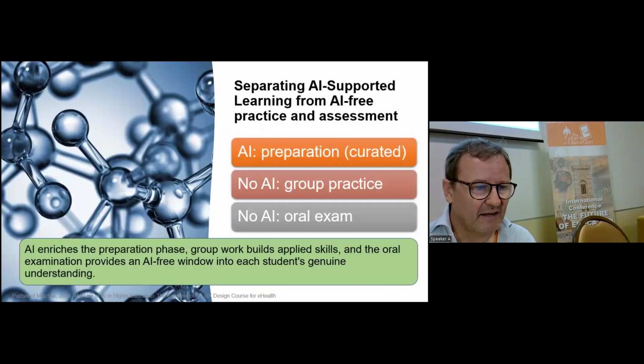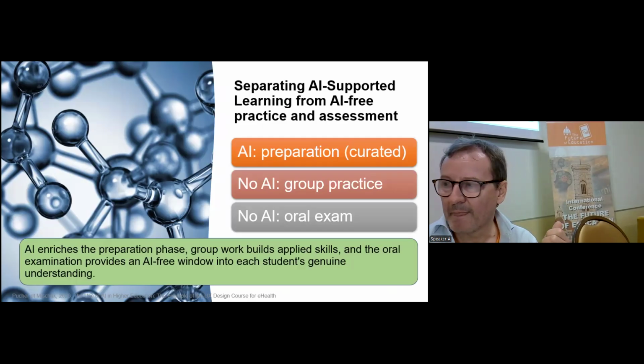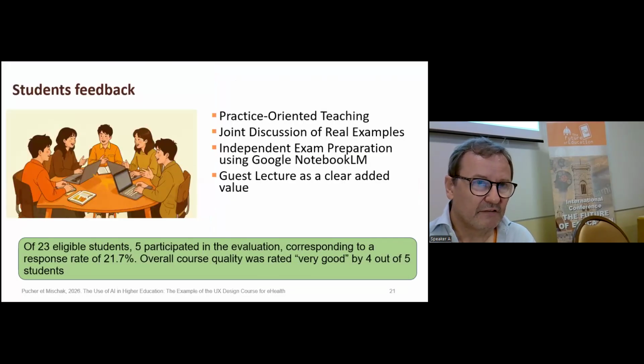So, after all, what we did was we separated AI-supported learning from AI-free practice in the sense. I think that's the major point here. You see AI preparation curated, everyone for his own, but group practice and oral examination, no AI. The feedback of the students, I think, was quite nice. We have 23 students in this course.